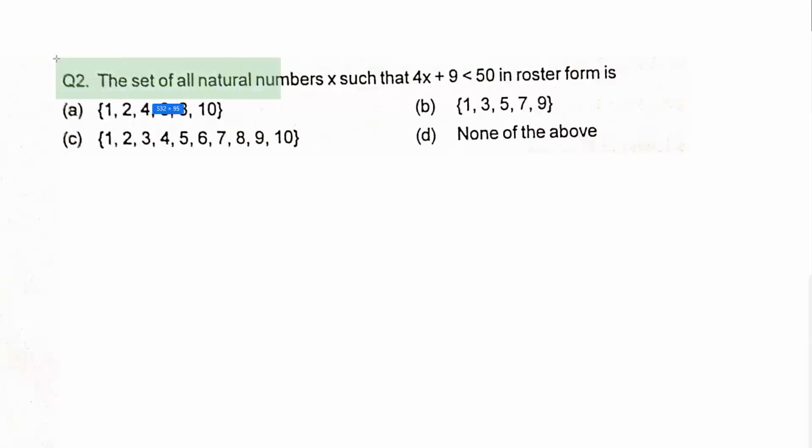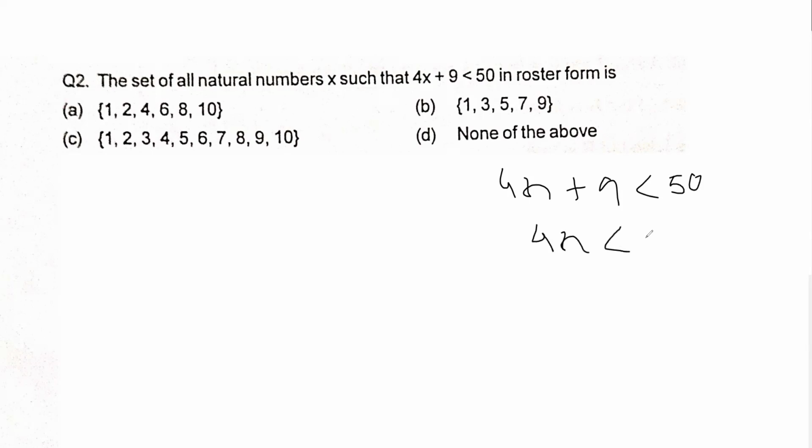In the second question, it says set of natural numbers x such that 4x plus 9 is less than 50, in the roster form. So what you can conclude from here is that we have 4x plus 9 less than 50. So we can write this as 4x less than 50 minus 9, that is 41.